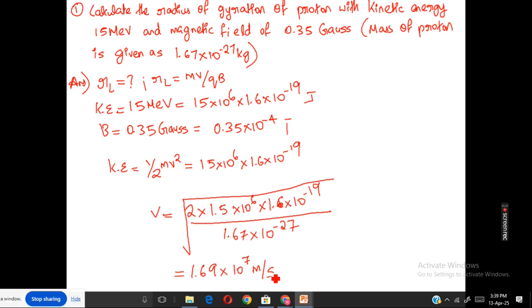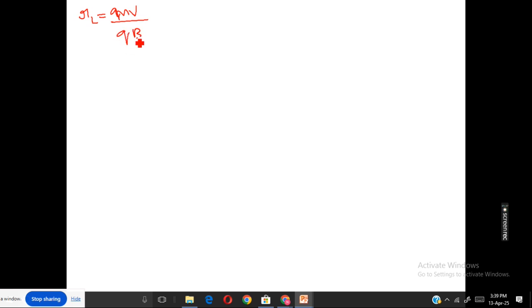Now to find the radius of gyration RL, we'll substitute. RL is equal to mv by qB.